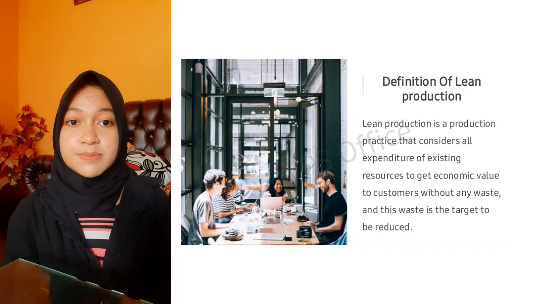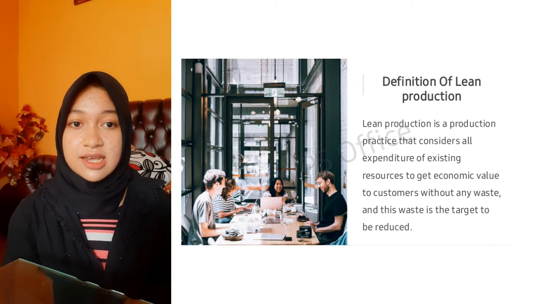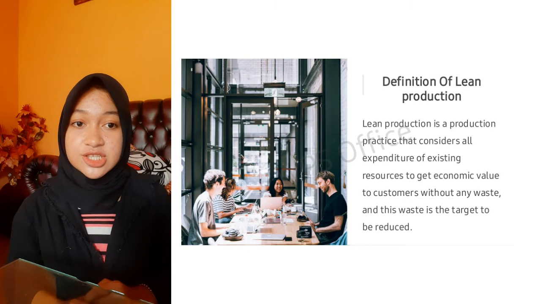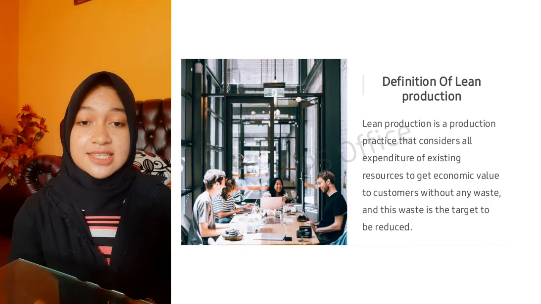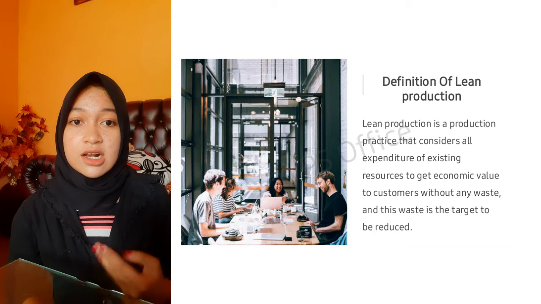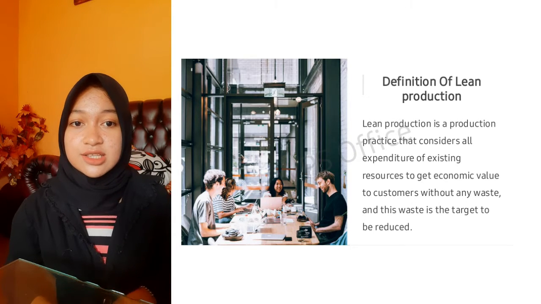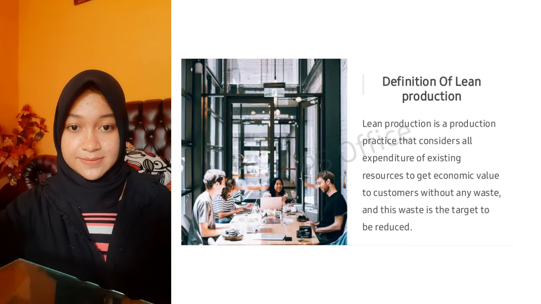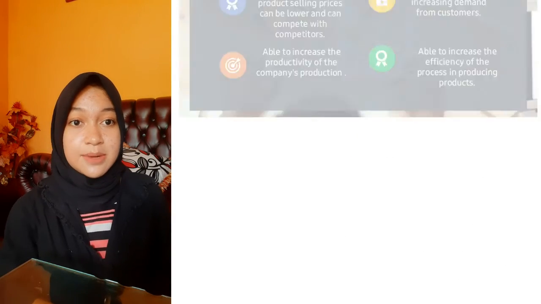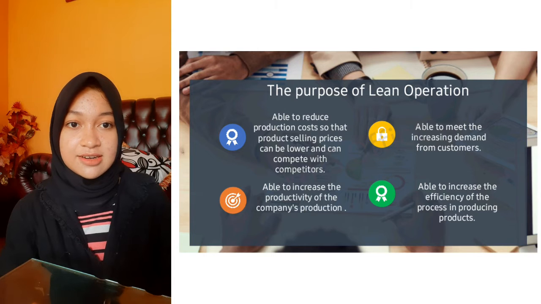Lean production is a production practice that considers all expenditure of existing resources to get economic value to the customer without any loss, and this loss is the target to be reduced. The next slide is about the purpose of lean operation.